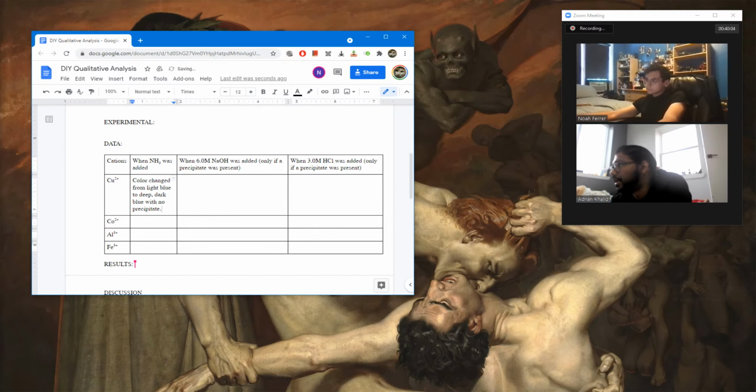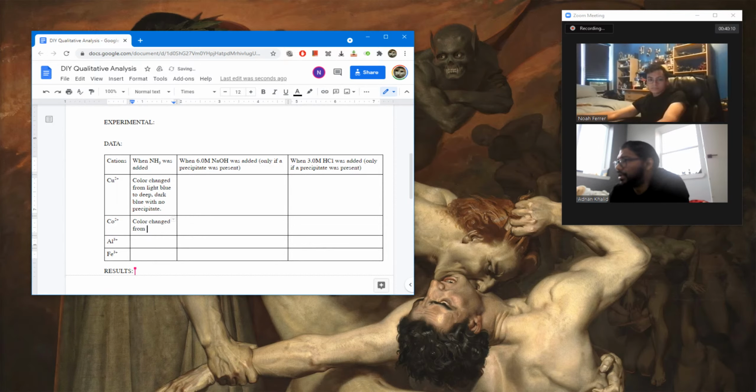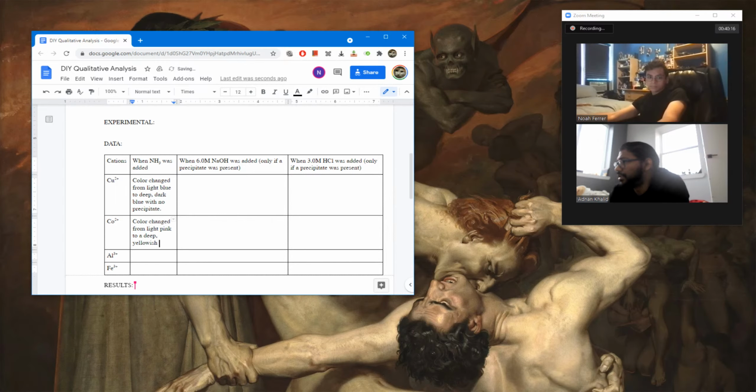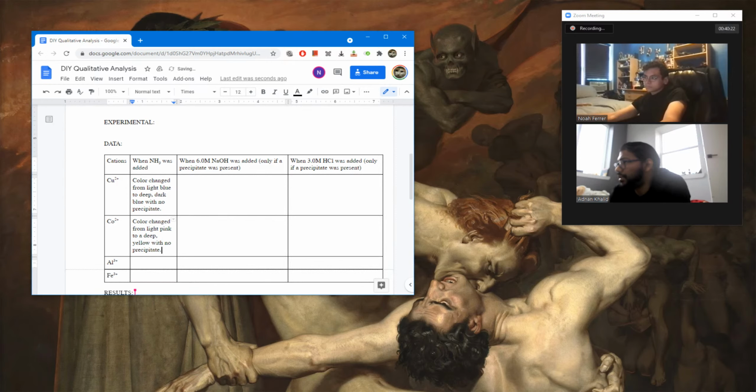For cobalt, the color changed from light pink to a deep yellow with no precipitate.